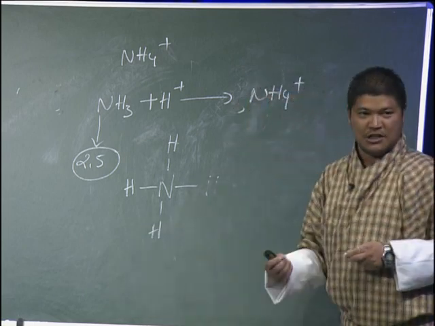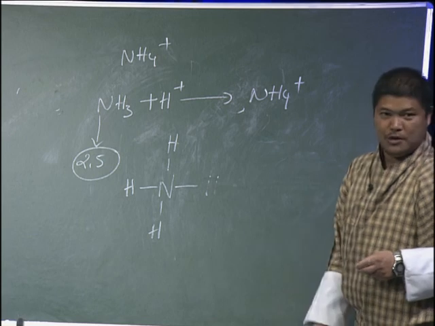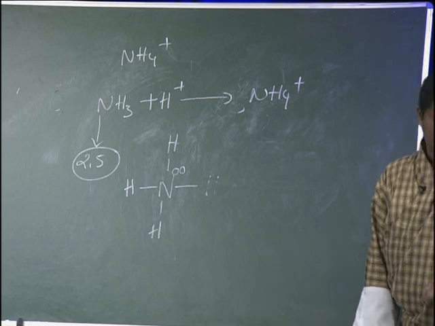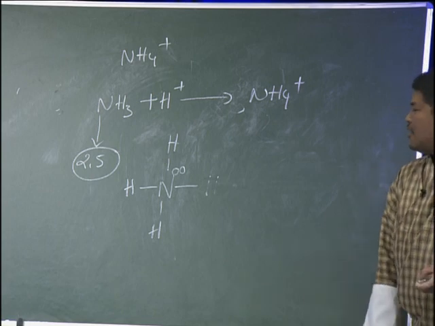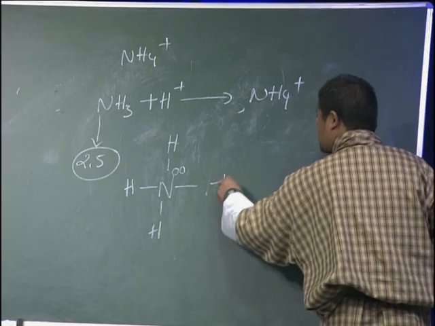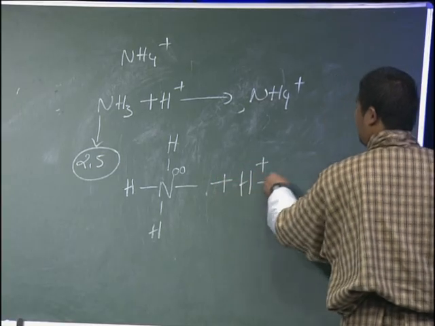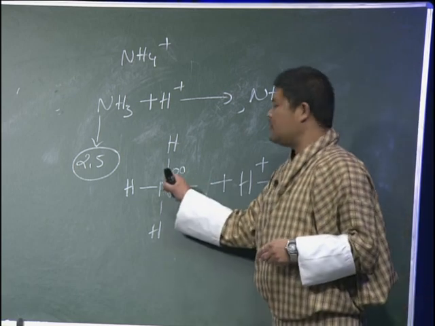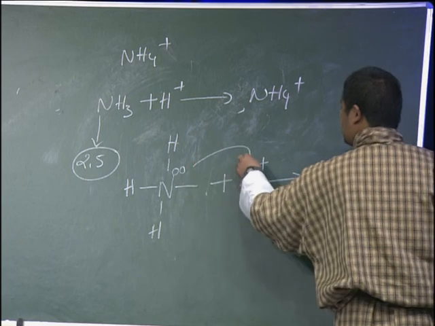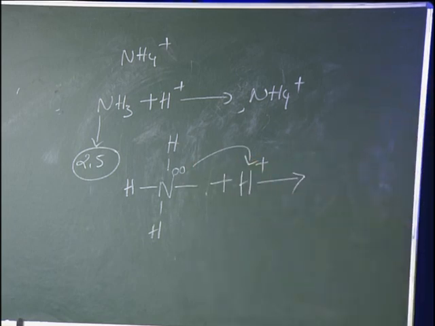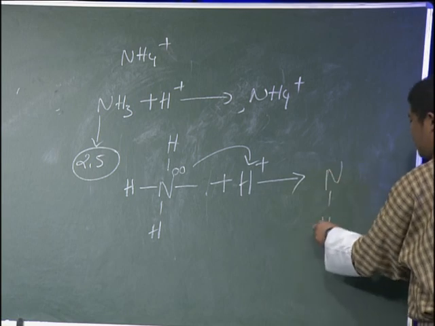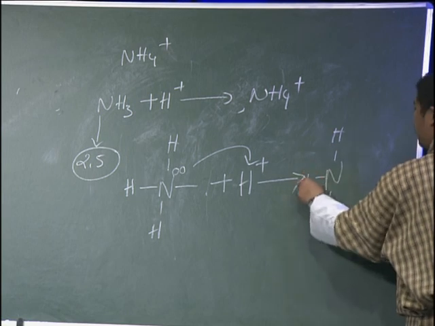Now the remaining 2 electrons are a lone pair, which is not shared with any hydrogen atom. This lone pair of electrons present on the ammonia molecule, that is on nitrogen, can be donated to the hydrogen ion, because the hydrogen ion has no electron, so it can lead to the formation of a coordinate bond.